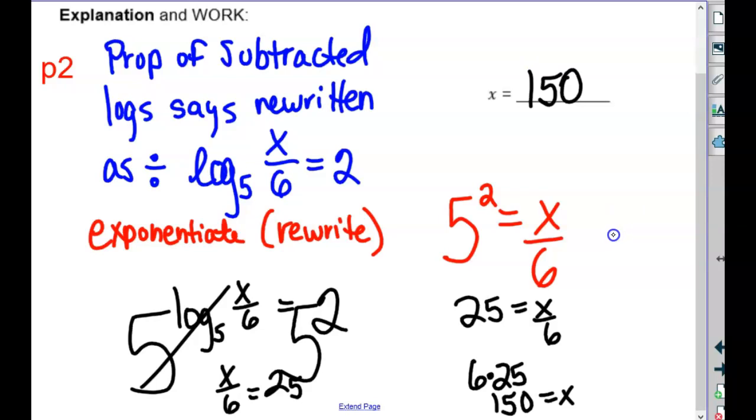Everybody okay? I might have another practice of that, I'm not sure. Again, if you wanted a fancy name, I believe we used the quotient property. We just did it in reverse. We changed subtracting to dividing instead of dividing to subtracting.